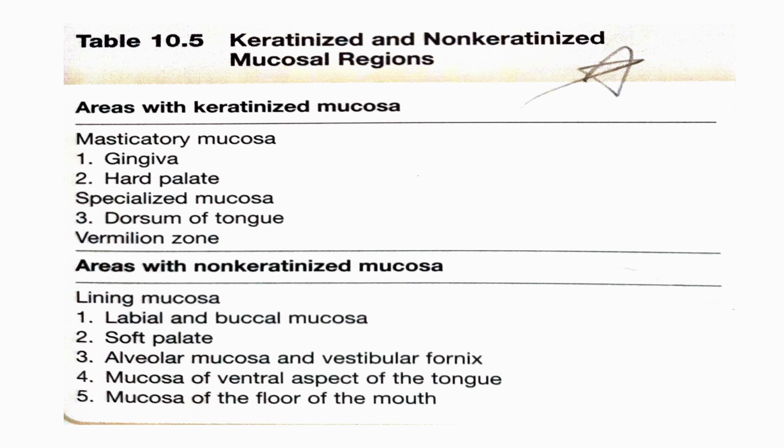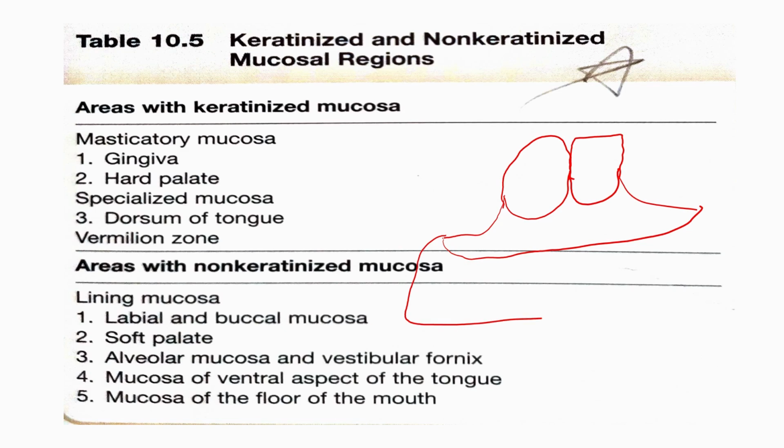That's why the attached gingiva appears darker than the marginal gingiva. The marginal gingiva is this, which surrounds your tooth. And the attached gingiva is below the sulcus, the line that separates the marginal and the attached gingiva. The attached gingiva has the melanocytes.